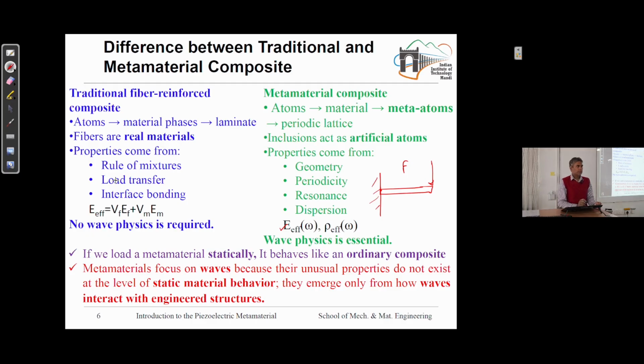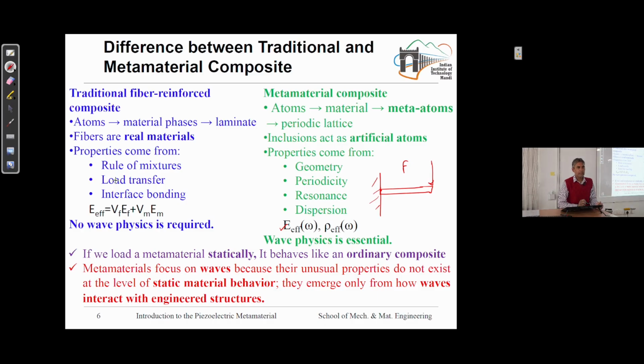When we have a dynamic load, and as mechanical engineers we are all aware of vibrations, vibrations occur because of the dynamic load only. Similarly, in electrical engineering we have electromagnetic waves.